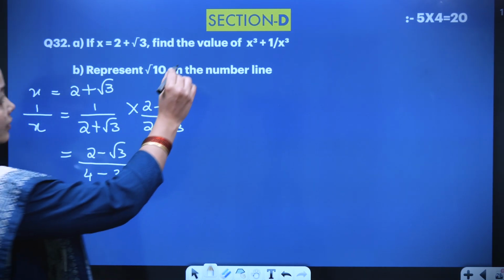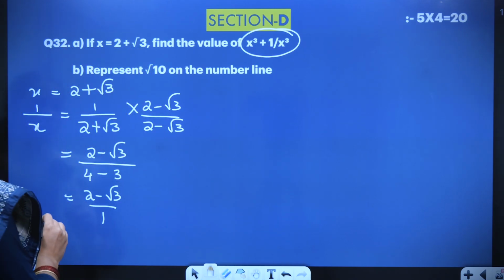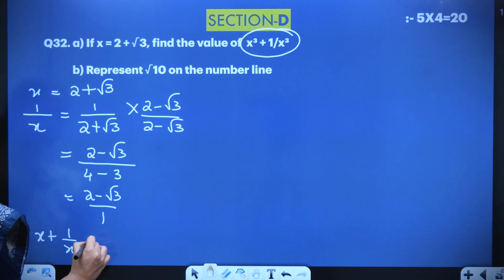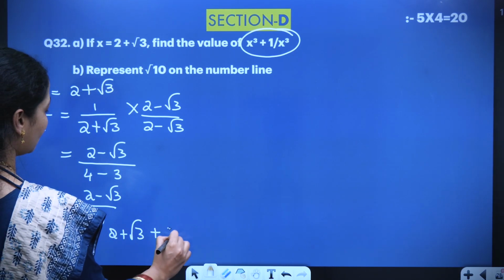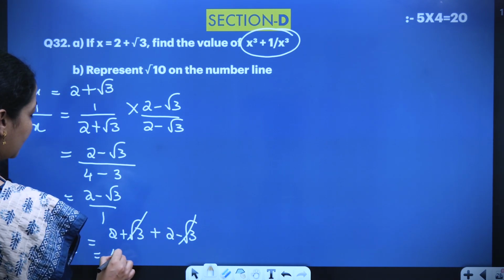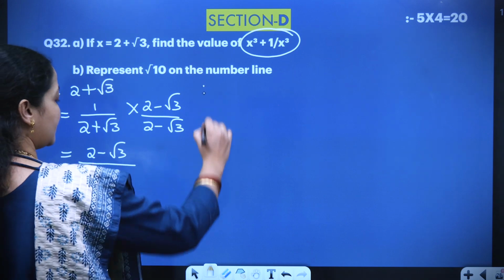Now I have to find x cube plus 1 by x cube. First, I will find the value of x plus 1 by x. I have x as 2 plus root 3 and 1 by x as 2 minus root 3. So root 3 and root 3 get cancelled, and the answer of x plus 1 by x is 4. I'll square it on both sides.